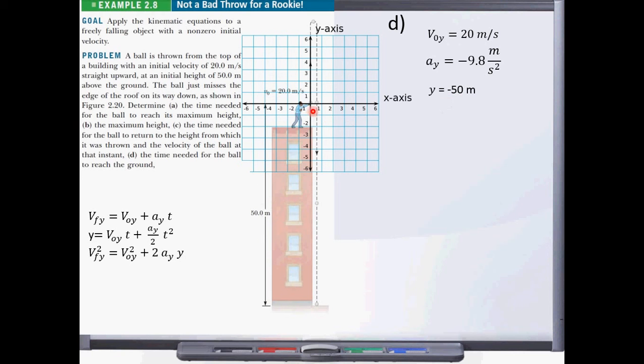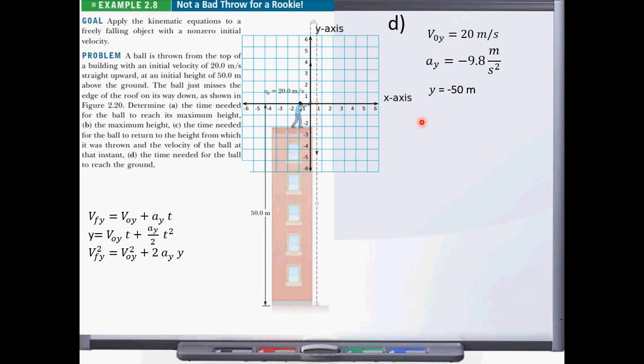One more time. Why? Because you're starting from 0 and you're moving down. Remember that y is talking about position, and the initial point, when you throw the object, is your 0, and beginning from that point you start counting. It could be positive if you move up or negative if you move down. So now we have the three values, and we want to know the time to get here.